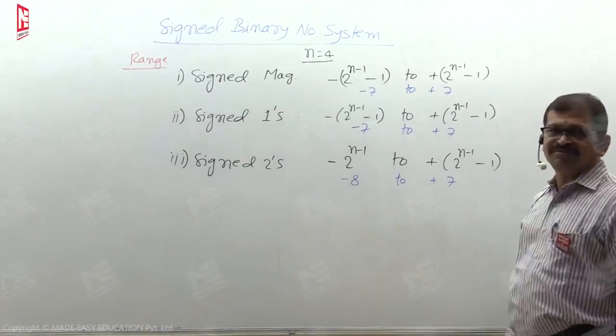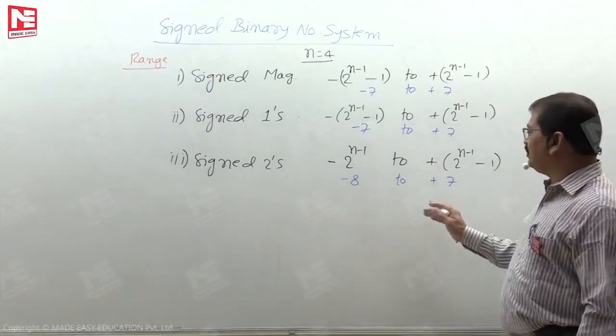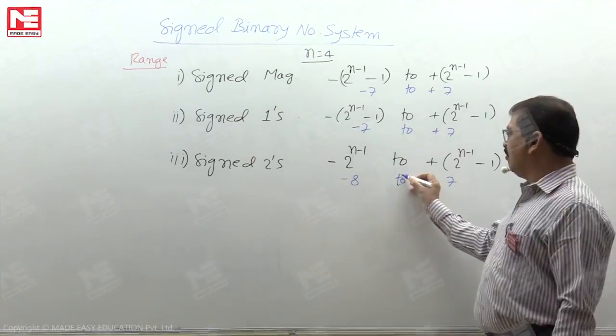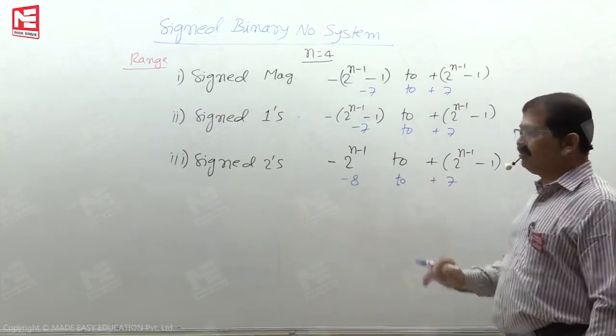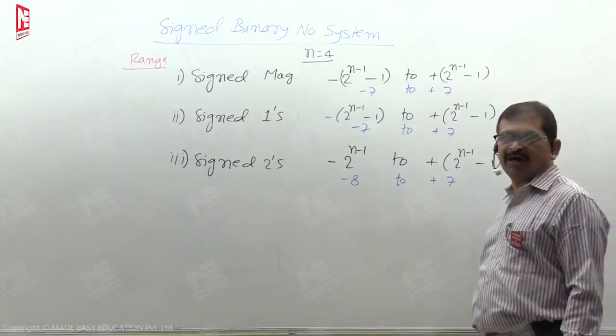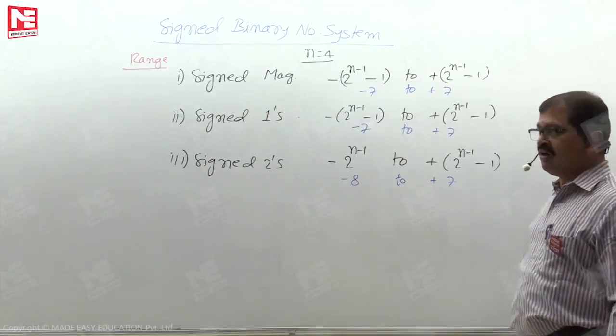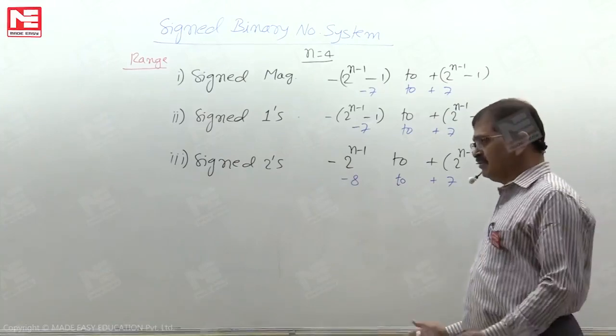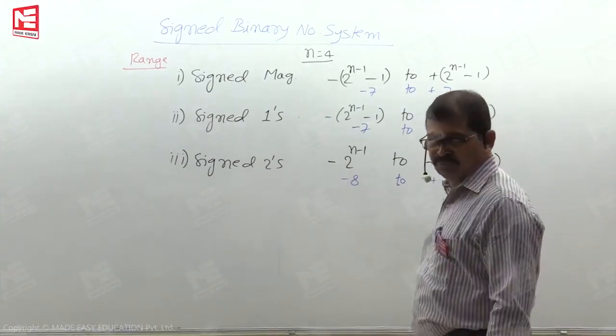Just give a thought: how is it happening? How is the range more in sign 2's complement notation compared with the other two cases? How does this come to be true?